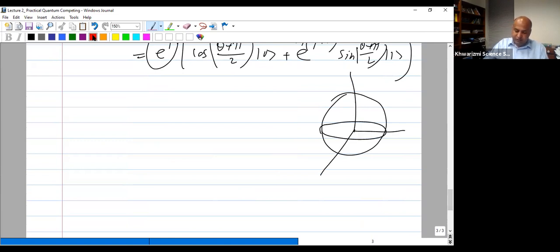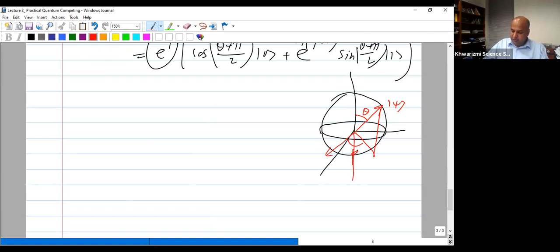If there is a general state psi, which has angle theta and angle of the projection phi, after the operation, theta goes to theta plus pi, which means the state has gone to this side, and angle phi also increased by pi, so it has to be on this side.